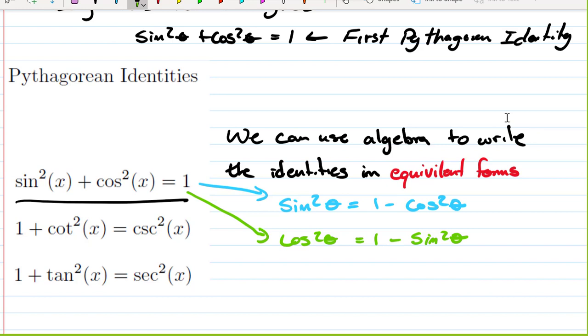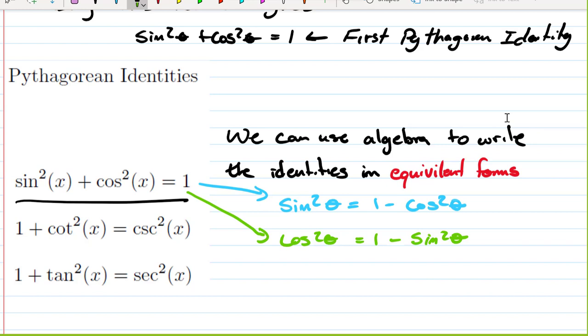So we've rewritten the first Pythagorean identity in two equivalent forms. So sine squared plus cosine squared equals 1 is actually three identities in one. The second equivalent form is that sine squared theta is the same as 1 minus cosine squared theta.